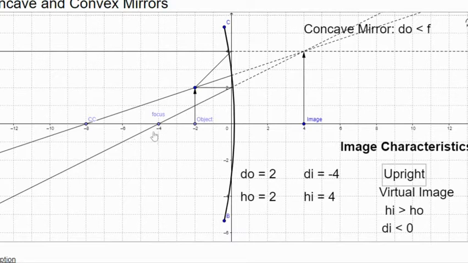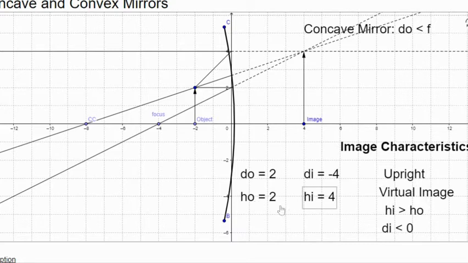But because they diverge, because they move farther and farther apart, they appear to intersect behind the mirror, which is why our eyes see a virtual upright image of the object behind the mirror. Now, a couple of things you should notice about that image. First of all, yes, it's right side up because it's virtual. Secondly, you should notice that the image is larger than the object.